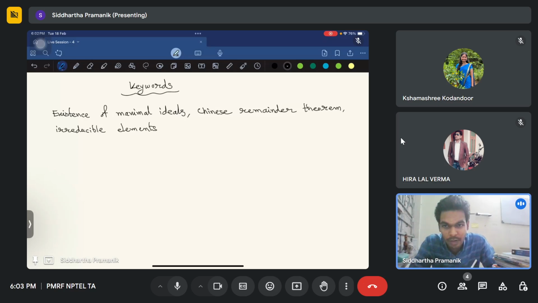So using this, we characterized maximal ideals in a polynomial ring over a field.